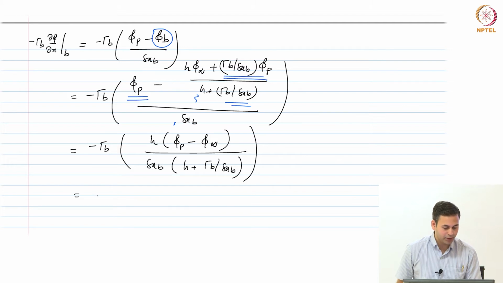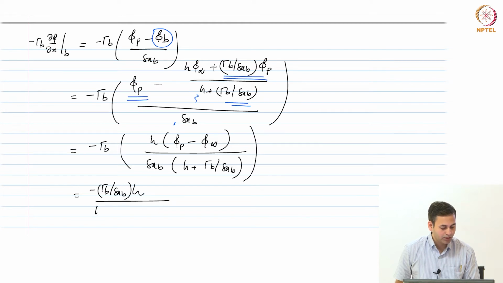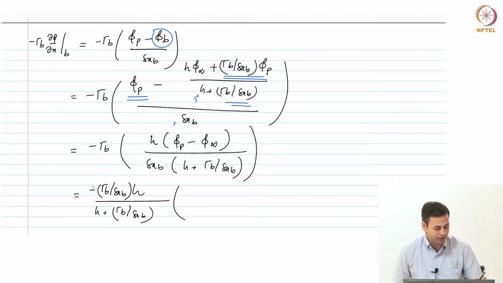So here we can rewrite this as minus gamma b by delta x b times h upon h plus gamma b by delta x b times, okay, what do we have here? We have phi p minus phi infinity, okay? So I'm going to get rid of the minus sign here. Then I can rewrite this as phi infinity minus phi p.